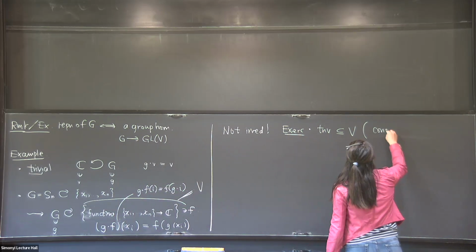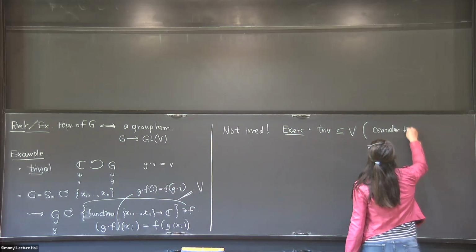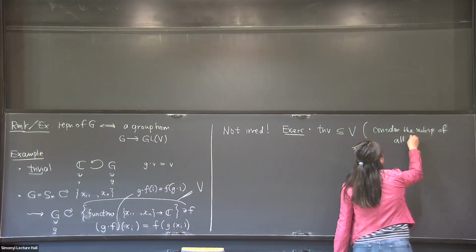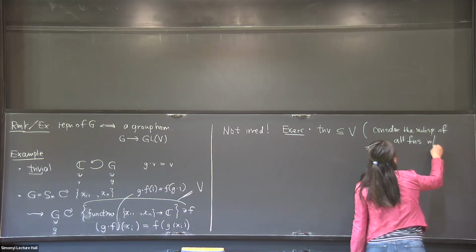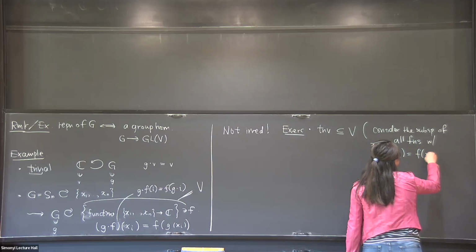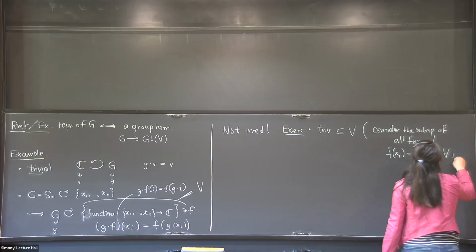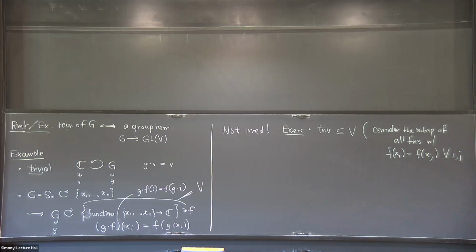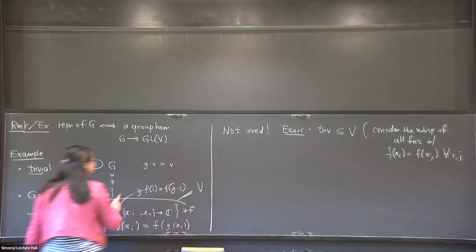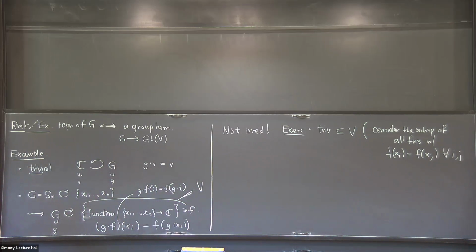Consider the subspace of all functions with f of xi equal to f of xj for all i and j. So wherever f sends x1 is the same as wherever it sends x2, and so on. You should think about why that's the same as the trivial representation.